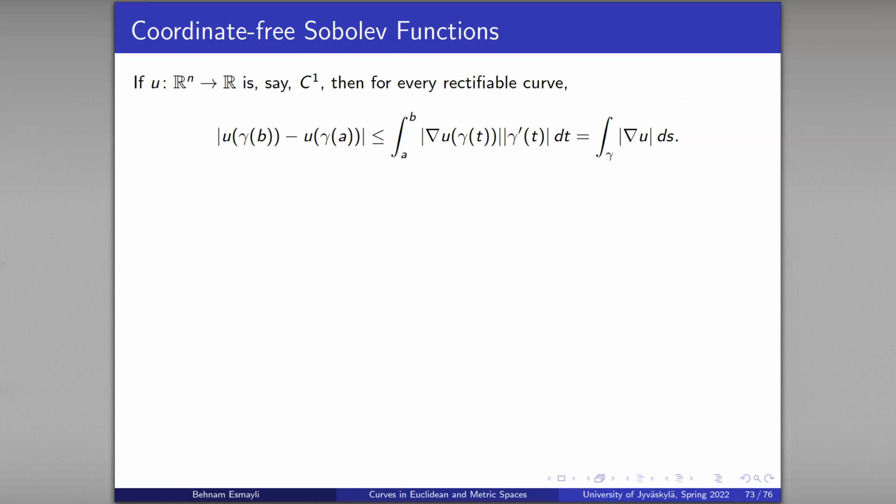You start with a simple, well, classical observation. If you have a C1 function on a Euclidean domain, then for every rectifiable curve, you can also say for every C1 curve, for example, we have this inequality from the fundamental theorem of calculus, but done the right way.